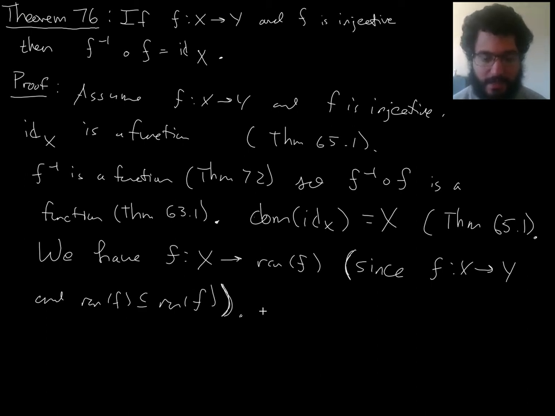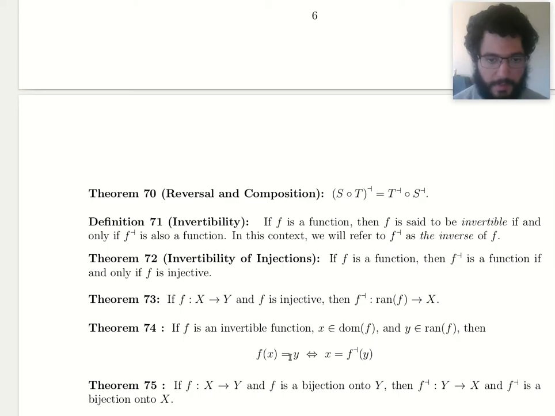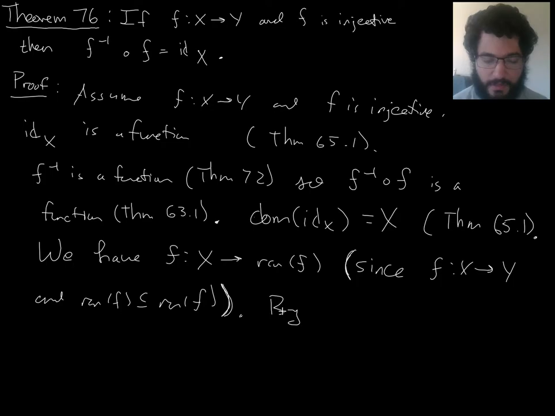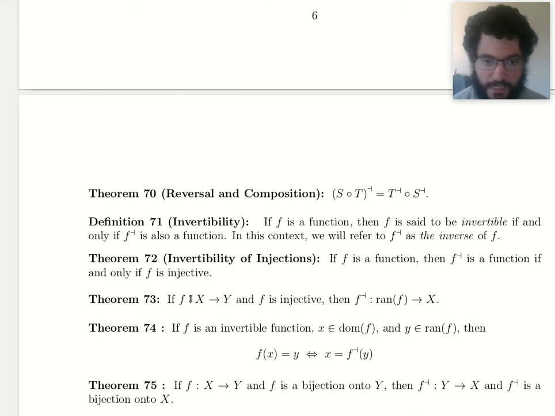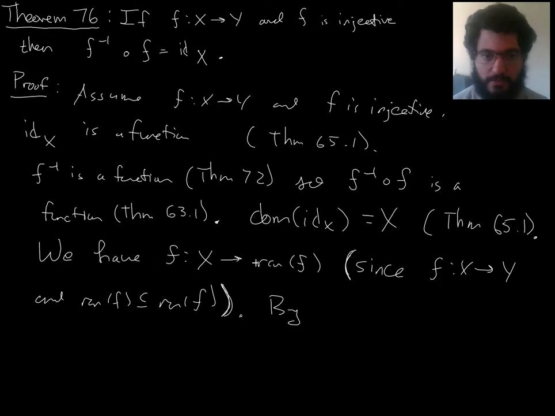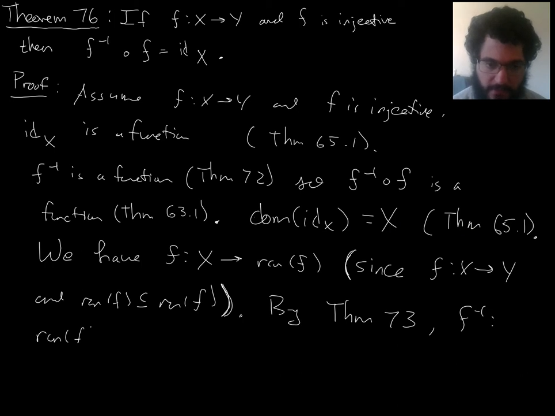Okay, now let me pull in the other mapping statement. That was by theorem 73, which applies to any injective function from x to y, which is what I have, right? This maps the range of f to x.